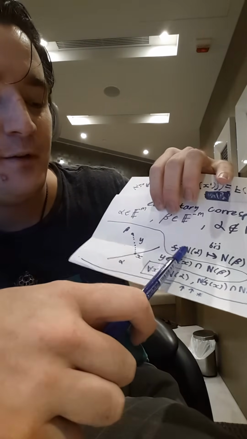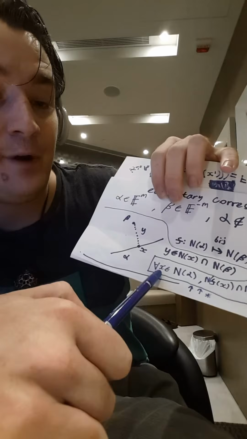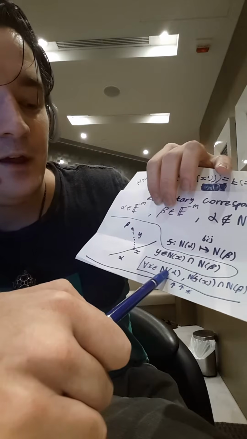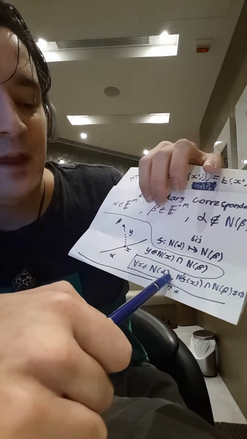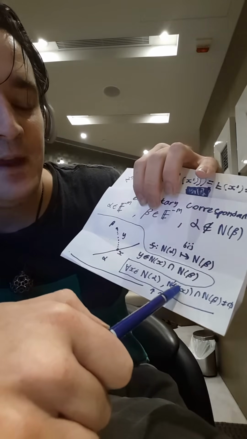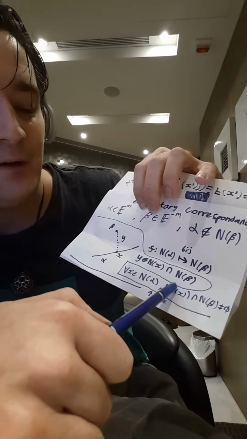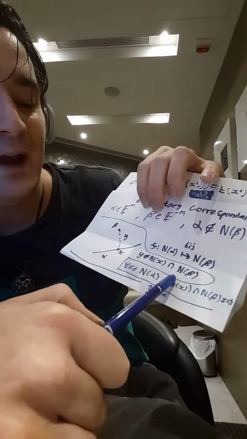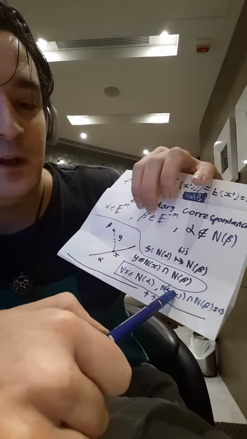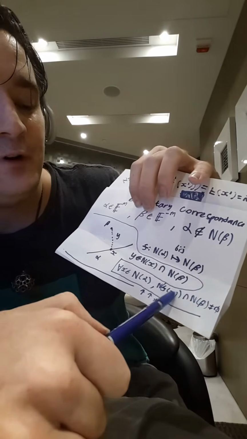So we have a bijection from the neighbourhood of alpha to the neighbourhood of beta, but it must satisfy this condition: for every member x of the neighbourhood of alpha, if we look at the image of x, f of x, that's where x gets mapped to under this elementary correspondence, let's look at the neighbourhood of that.